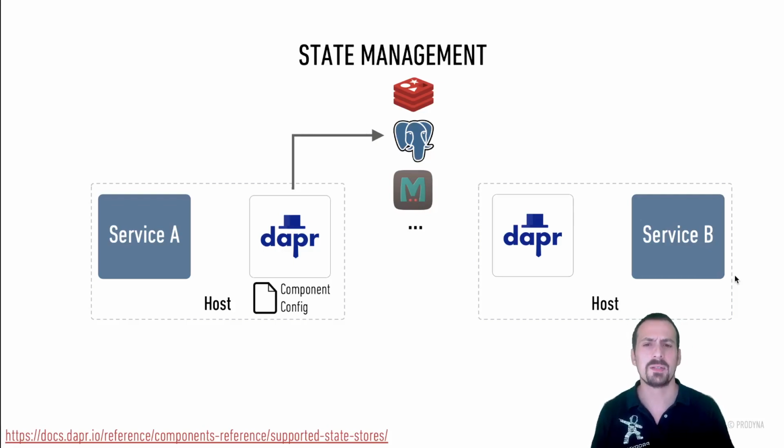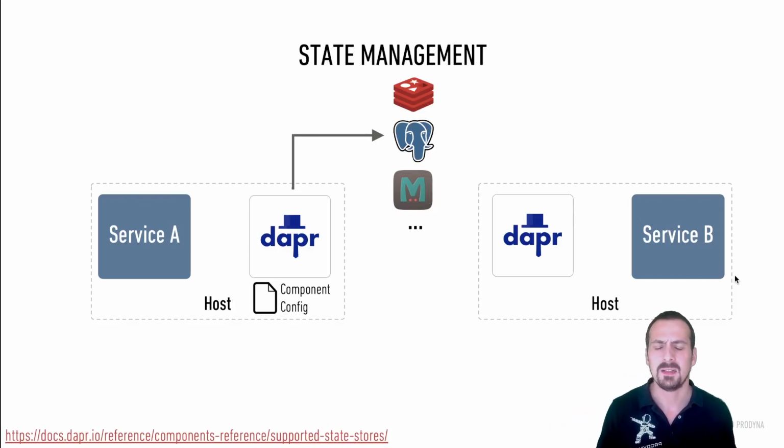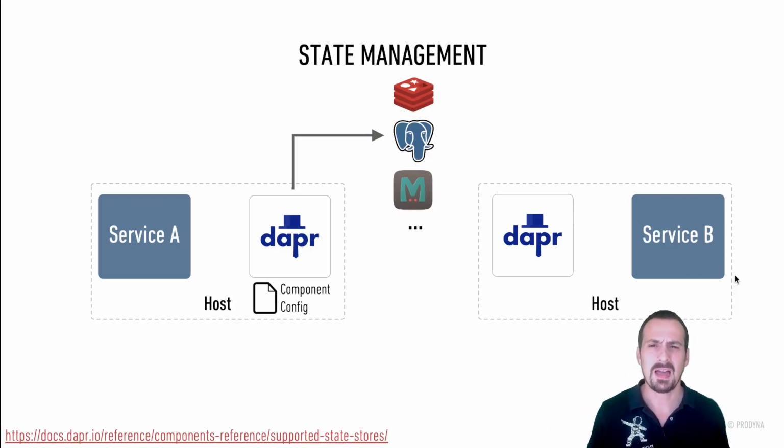Mostly the hyperscalers provide some kind of native implementation, but there are also a lot of open source implementations available. The interesting part here is that my service A doesn't even have to know about the actual implementation. So there's no client library dependency in my code. I don't have to configure the connection string. I don't have to configure the credentials and so on. This is handled within the Dapr configuration.